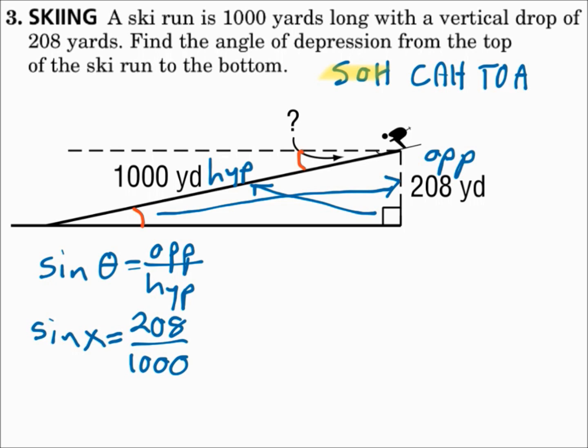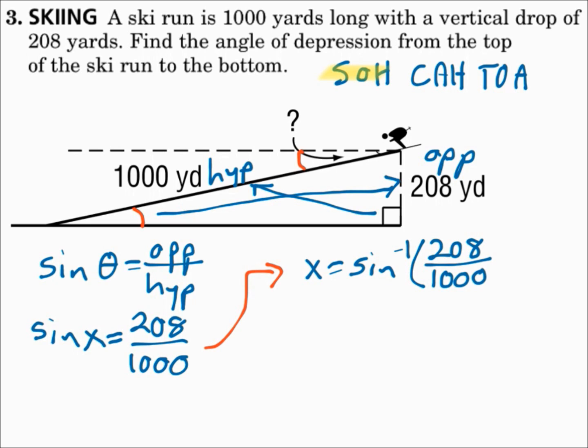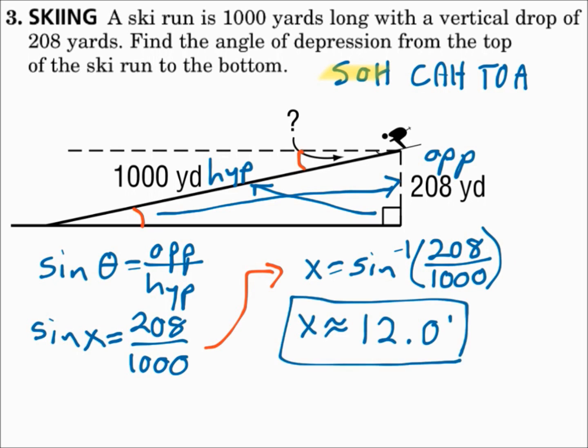Since I'm looking for the angle, do the inverse function. X equals the arc sine of 208 over 1,000. When you punch that in, you get approximately 12.0 degrees. Is that a logical answer? Sure, that's a very narrow angle. 12 degrees would work.